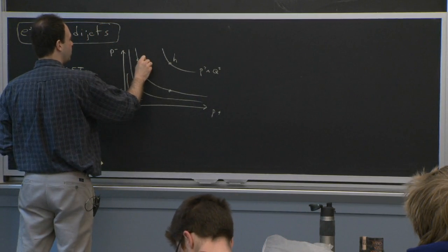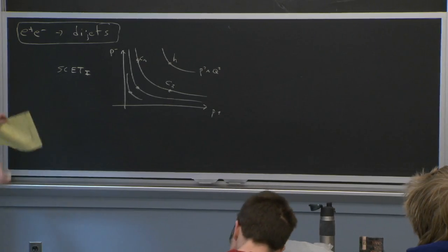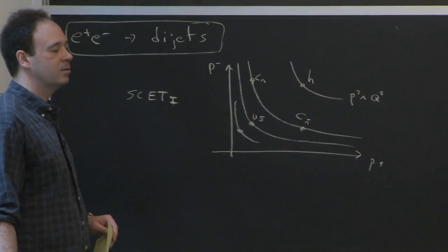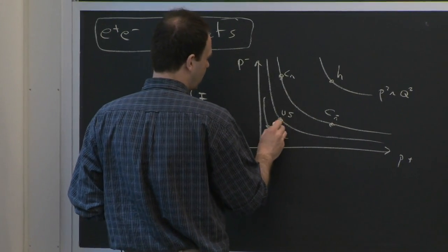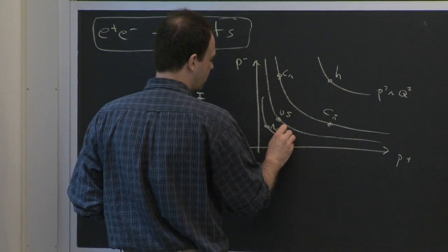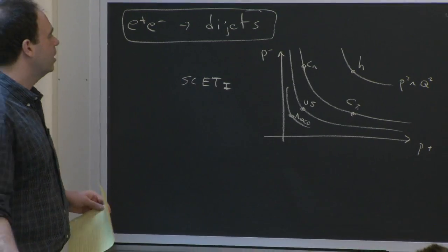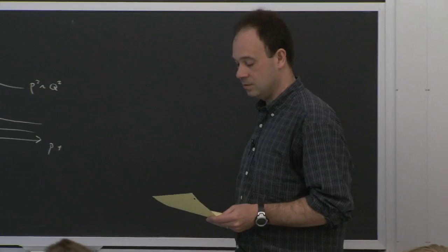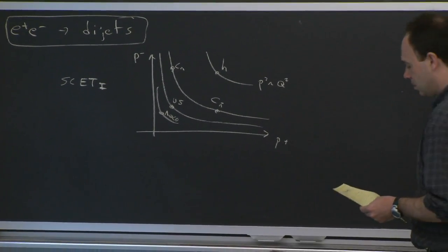Then we had collinear modes for the two jets that are going to be going back to back, and I'll draw the picture in a second. Then there were some ultrasoft modes as well that describe radiation between the jets. And then there can also be some lambda QCD modes, and we'll talk about them a bit today too. So there's a lot of different things going on here, but we'll see that actually we can understand everything and organize things using SCET. So what's the picture for these modes?